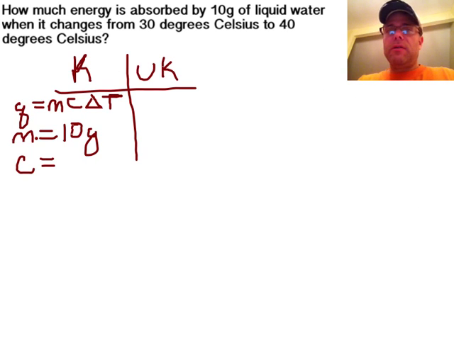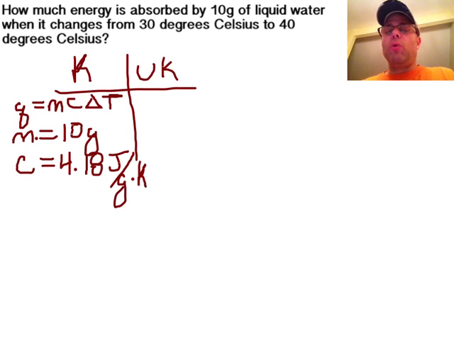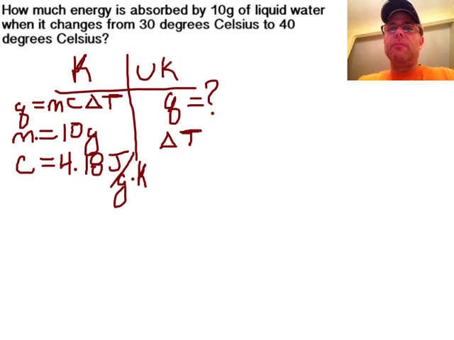So 4.18 joules per gram degree Kelvin. What we do not know is Q. We're solving for Q, the amount of energy. And at this very moment, we do not know delta T, but we will get that in a moment. We know that back to the known side, Trisha, please stop.